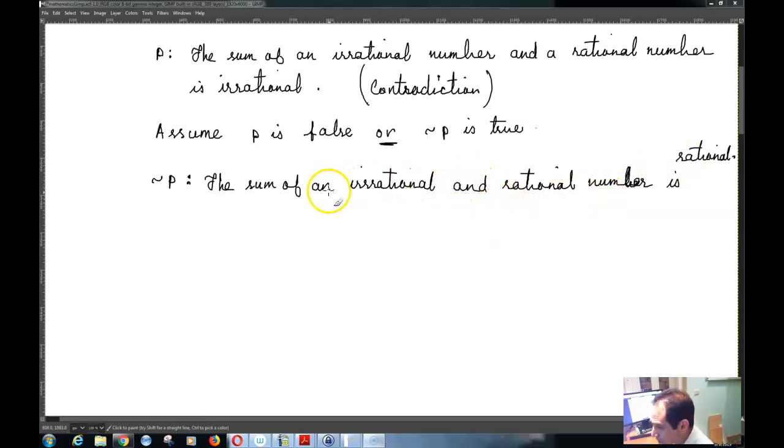So then you can say that the sum of an irrational number and a rational number, you can write it as the square root of a, for example, plus b divided by c. The sum of these two numbers is going to be equal to a rational number, which is d divided by e, for example.